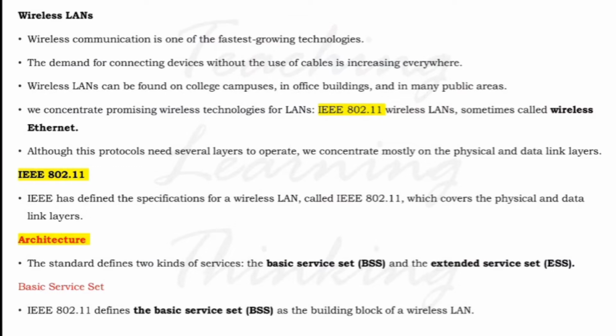The standard defines two kinds of services: the basic service set, BSS, and the extended service set, ESS. IEEE 802.11 defines the basic service set, BSS, as the building block of the wireless LAN.